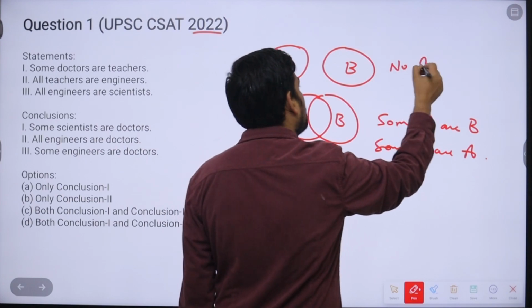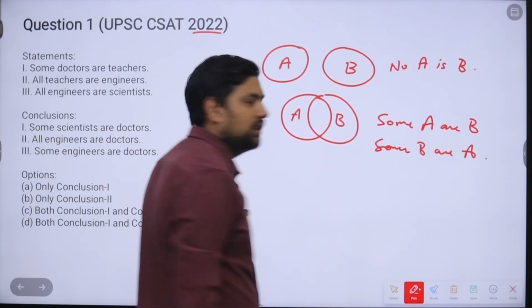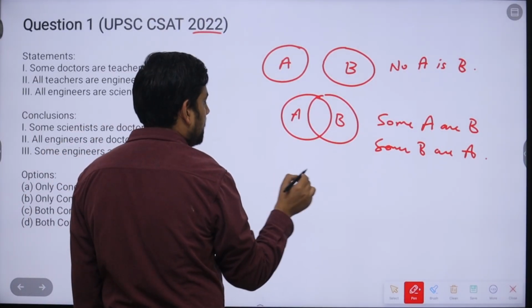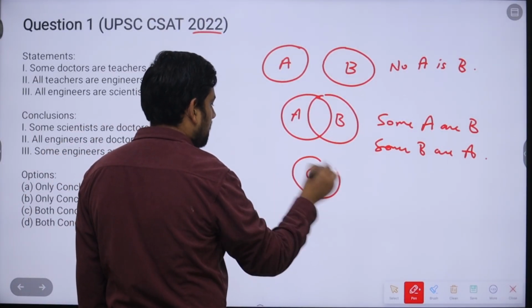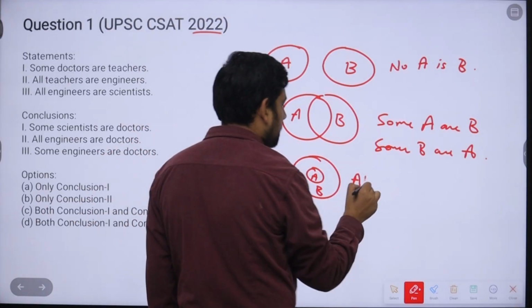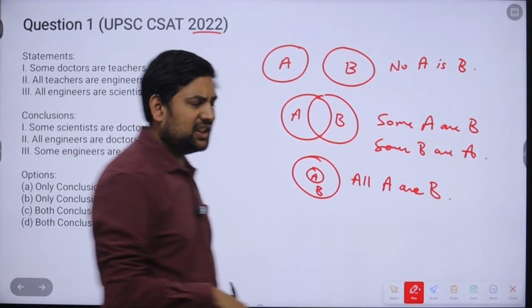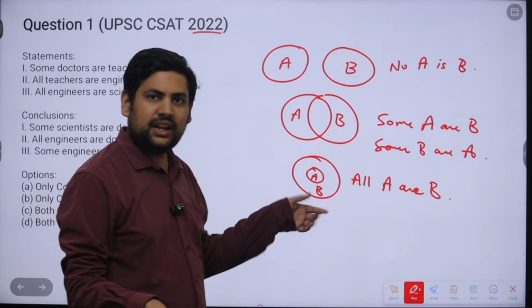This is no A is B. Correct? Now, the third diagram that you should remember is this: all A are B. As you can clearly see, A is entirely inside B.